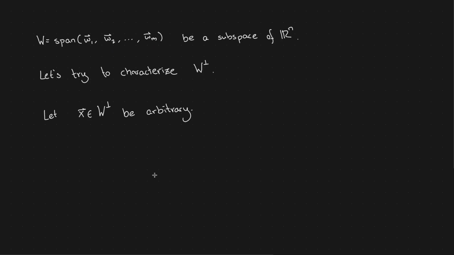What that means is we get a system of equations. The dot product between W1 and our arbitrary vector x in the orthogonal complement, W perp, is going to be 0. That's what it means to be orthogonal. But also W2 dot x equals 0, and so on.